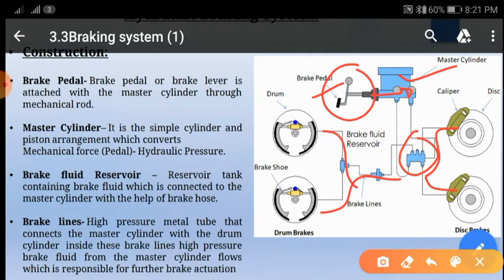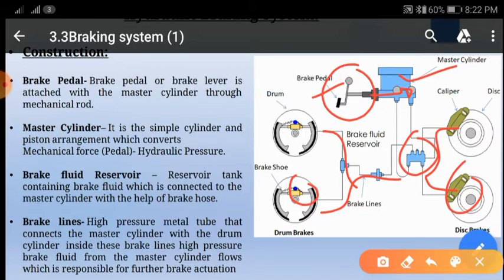Then the brake lines. Brake lines are simply metal tubes that are connected to the master cylinder and to the drum, and inside the drum there is one small cylinder. In the hydraulic braking system, a small cylinder is used, and the high pressure brake fluid from the master cylinder flows into it, which is responsible for the further braking action.